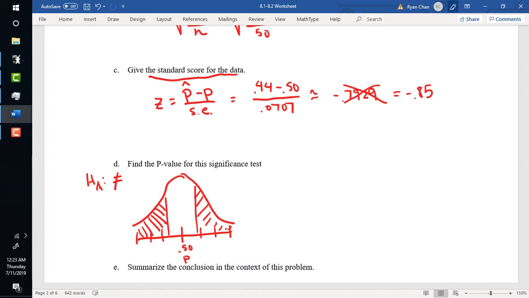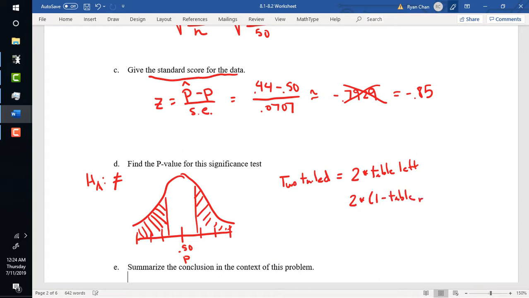So let's talk about this right here. If it's not equal to, if it's two-tailed, remember, this is all the way back in chapter 6. You would do either 2 times the table of the left, or 2 times 1 minus the table of the right.